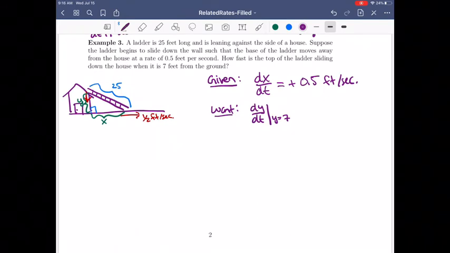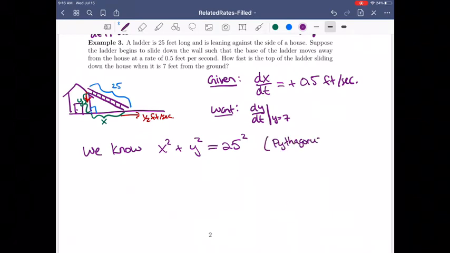Because we have this triangle, we have Pythagoras' theorem: x squared plus y squared equals 25 squared. I think most people have this ingrained in their head: a squared plus b squared equals c squared for a right triangle.